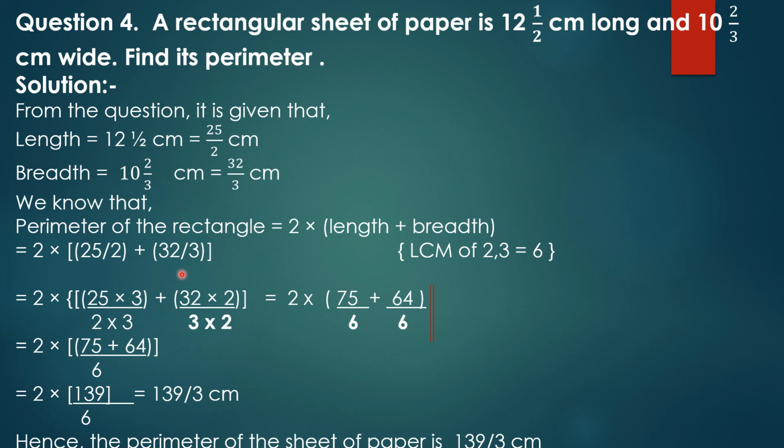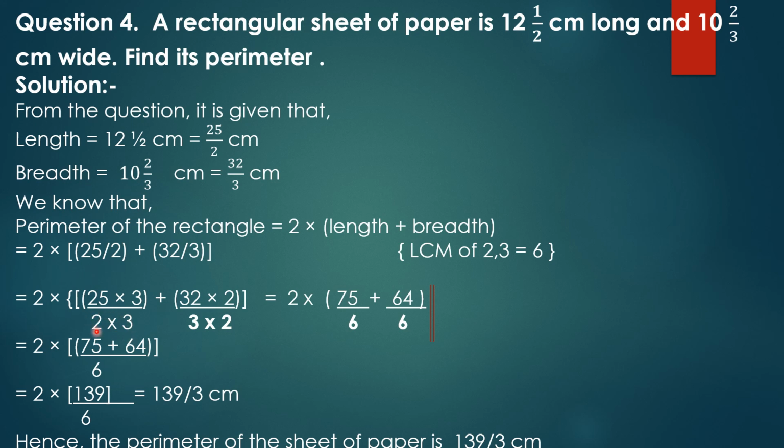Denominators are different, which means these are unlike fractions. So to do the addition, convert the unlike fractions into like fractions. Find the LCM of the denominators 2 and 3. What is the LCM of 2 and 3? It is 6.